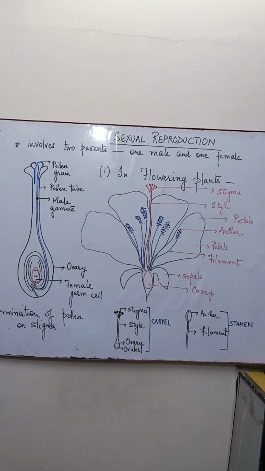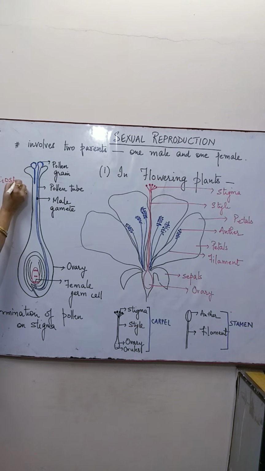Now let us talk about sexual reproduction in flowering plants. When we talk of flowering plants, they are all angiosperms. All the flowering plants belong to angiosperms.